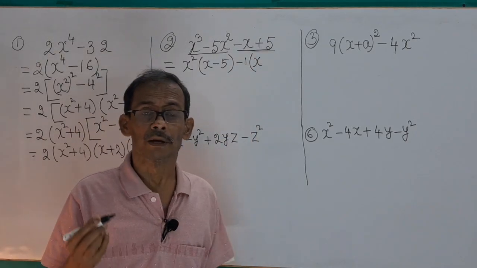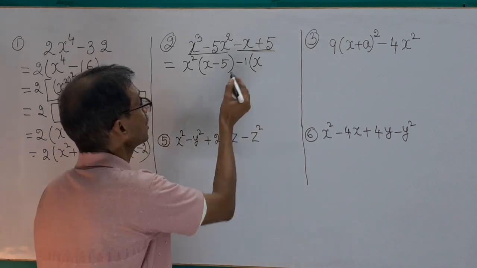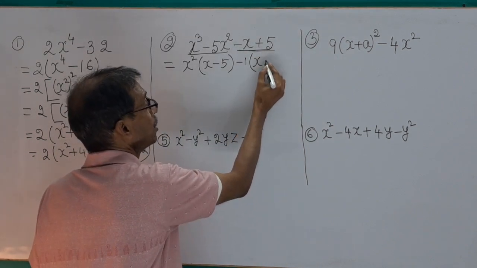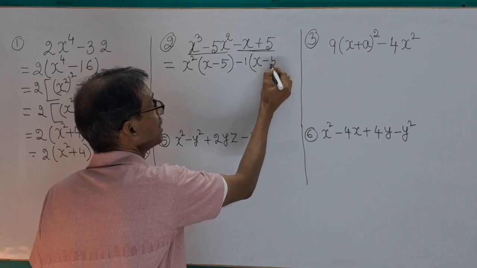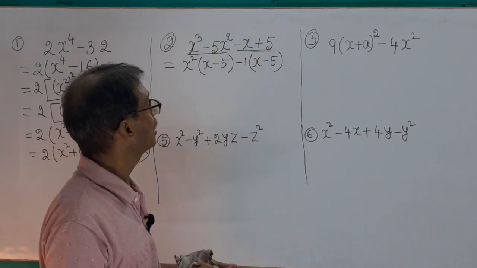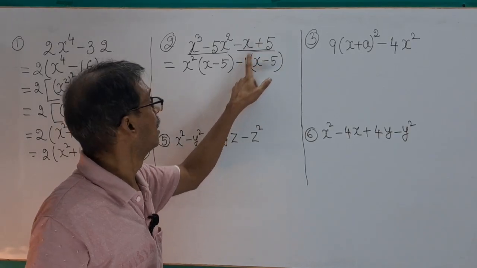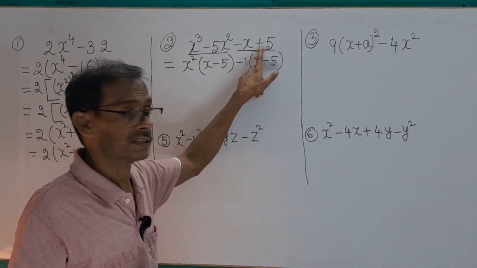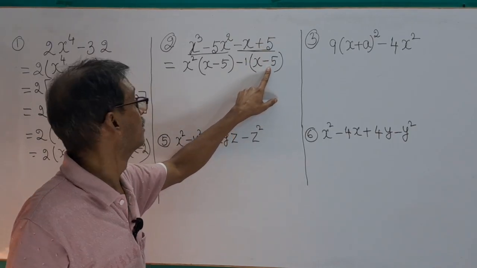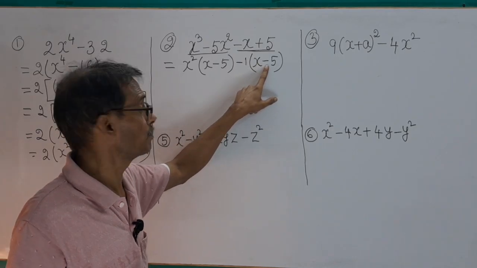So you know plus 5 equals minus 1 into minus 5. Minus 1 you have taken out, so minus 5 is remaining. This is very important to know: when you are taking common minus 1 from a positive integer, the integer sign will change because minus into minus becomes positive.